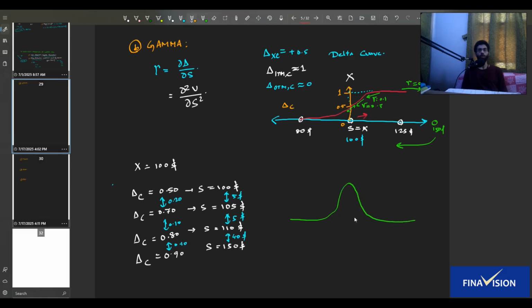So if I have to draw the curve, if I have to draw the axis, here are the price ranges and the strike price is somewhere here. And the gamma, denoted by the green curve, is maximum when the strike price is approaching. And again, as the stock price keeps moving away from the strike price, the gamma diminishes, right?